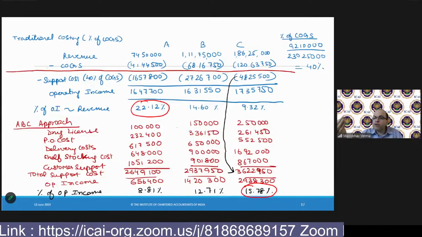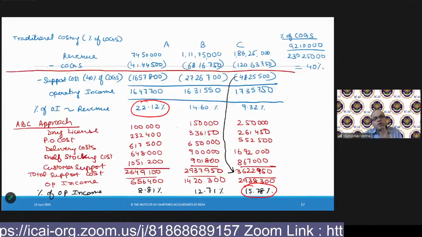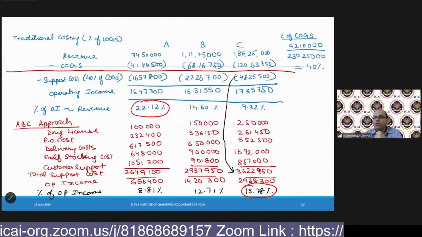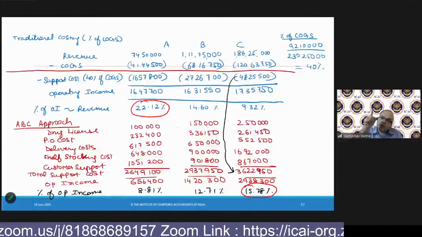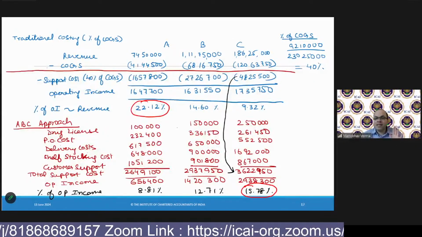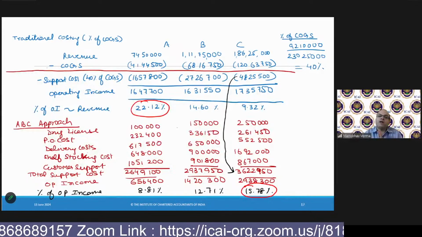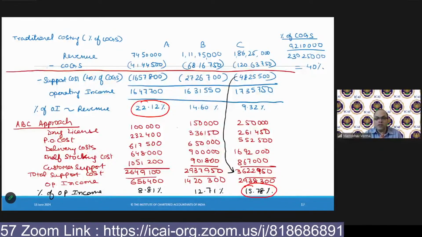So my costs were higher for product C, and because my approach was percentage of costs, I allocated more support costs. I never looked at what the activities are. That is why the support cost of 48 lakhs was allocated to product C, whereas the actual allocation is 36 lakhs, which significantly increased the operating margin from 17 lakh 35,000 to 29 lakh 38,000.